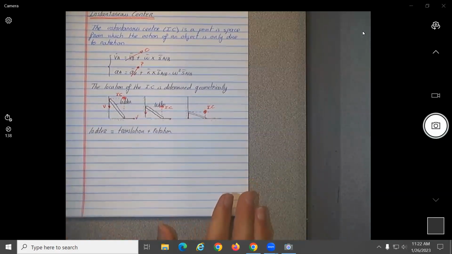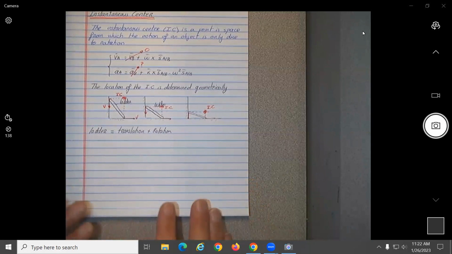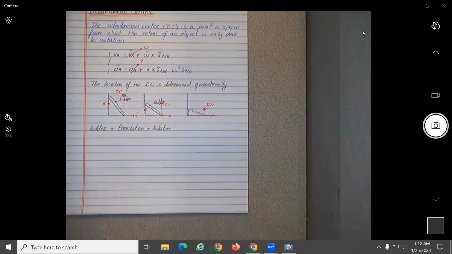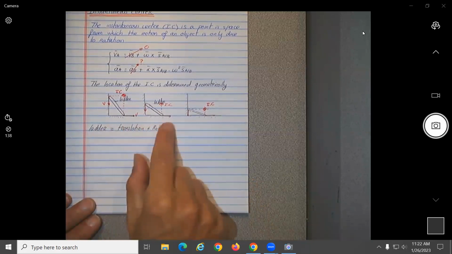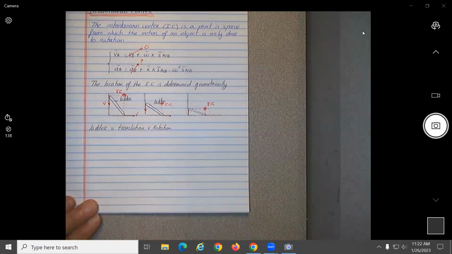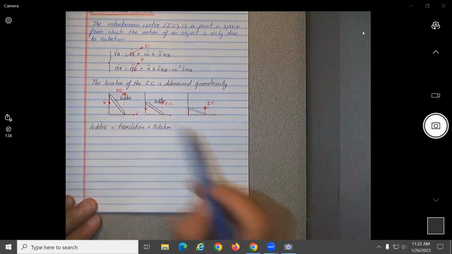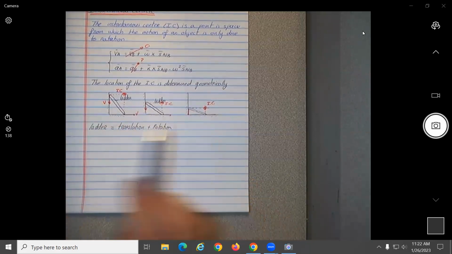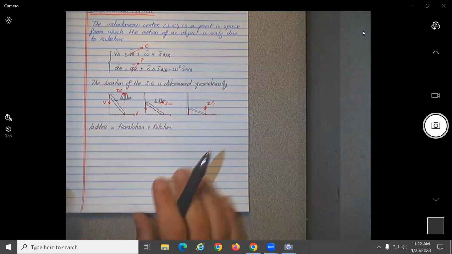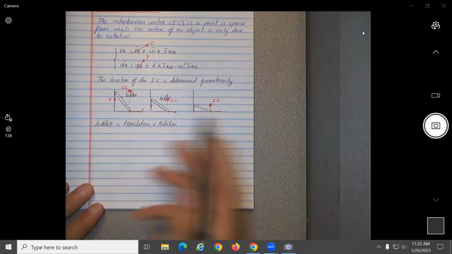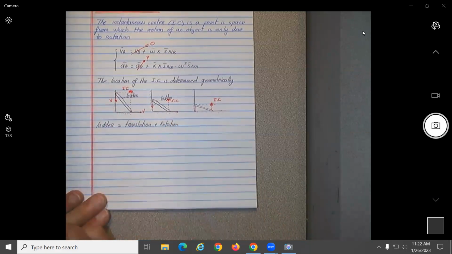Really, this instantaneous center does not have a physical meaning, like the center of gravity or the center of rotation. But at each instant, depending on the velocities, you can find this location. So you can use it to solve this type of problem for ladders, but you don't have to. Personally, I don't use it, but you will see that many times the solution in the textbook is going to use it for this type of problem.